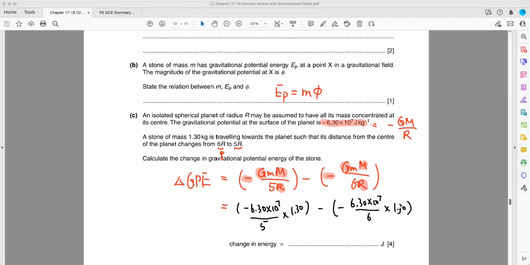So the final answer will be, yeah, they ask you to find a change. It means the final minus initial. It's always final minus initial.